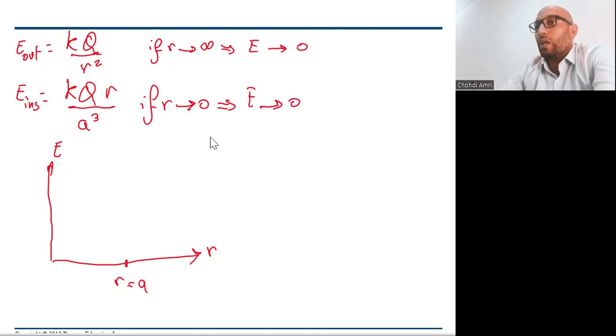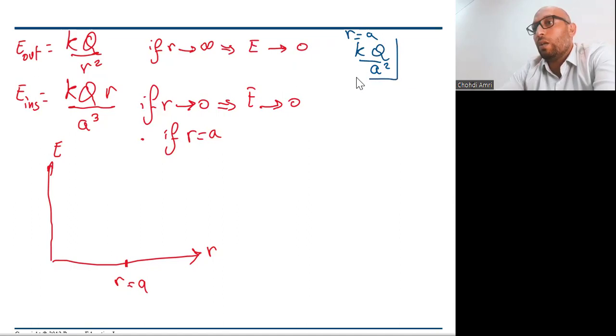Now we have a specific point. If r equals a, from the first equation, what would it be? For r equal a, the first equation gives kq over a power 2. For the second, KQA over A power 3, so that means it will also be A power 2.